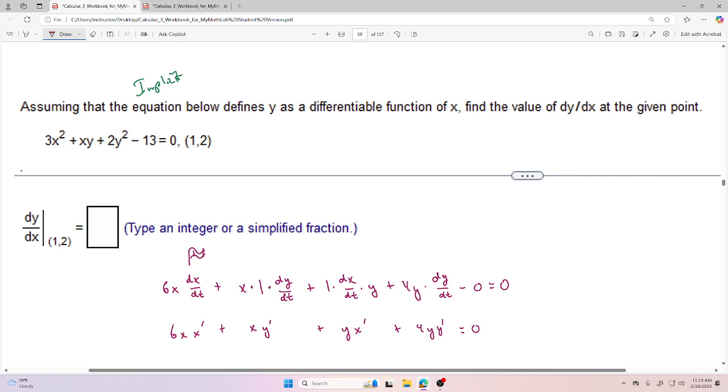Another way, and I've really not done this in a long time, but if I were to take this derivative in Cal 1 implicitly, I think it's just 6x, and then you take the derivative of the x to make just the y, so it's like a 1y, and then you have an x, and this is where you put dy/dx, and then you got a 4y dy/dx equals 0.